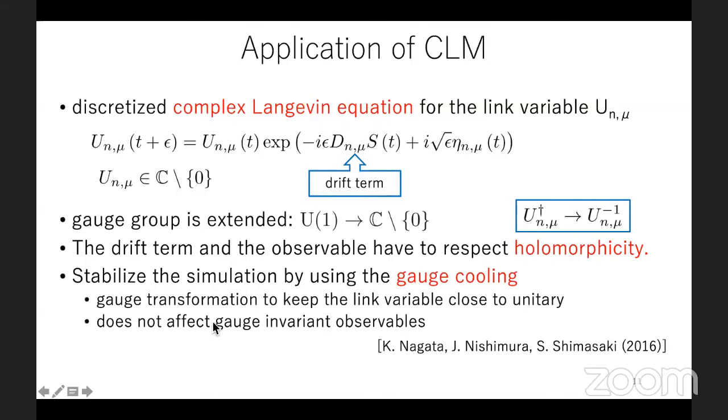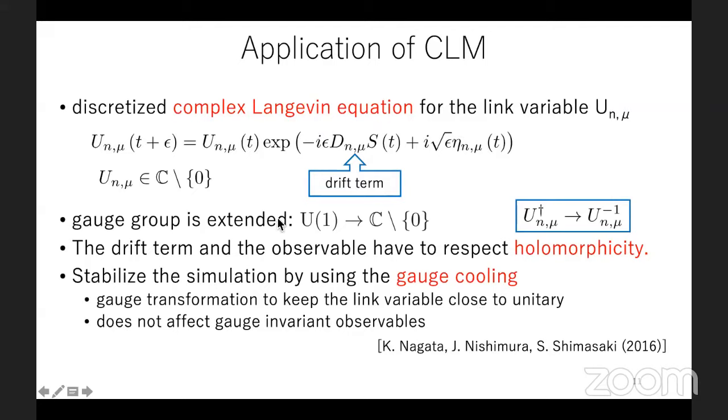And actually, in complex action simulation, we use some techniques. One of the techniques is so-called gauge cooling, which can stabilize the simulation. Gauge cooling is a technique that uses gauge transformation to keep the link variable close to unitary.